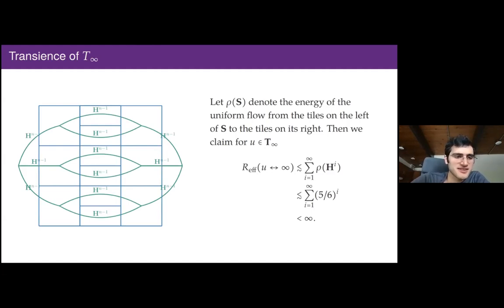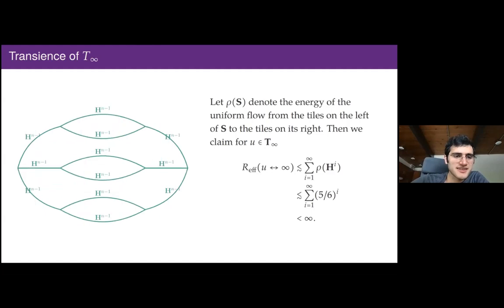It essentially gets down to analyzing this circuit in which every edge is obtained by a copy of H^(n-1), or more precisely, it has resistance rho of H^(n-1). And by some applications of series and parallel laws, you obtain that rho of H^n is 5/6 times rho of H^(n-1).